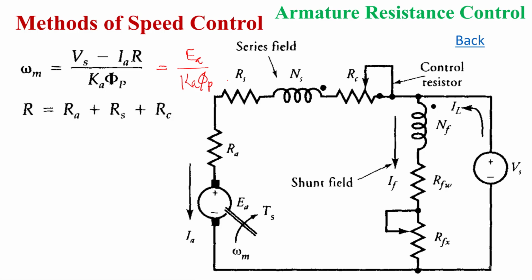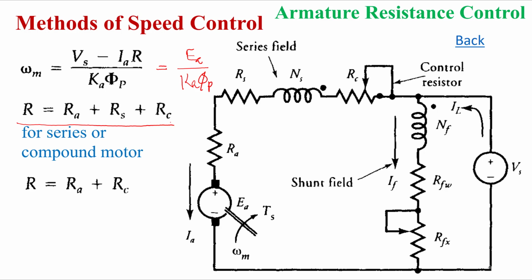If it is a series motor, then your equivalent resistance will be RA plus RS plus RC, right? And also it is the same for the compound motor, right? Similarly, for the shunt motor, it will be RA plus RC, where RC is the control resistance and RS is the series resistance, right? Okay, so this is for the shunt motor.